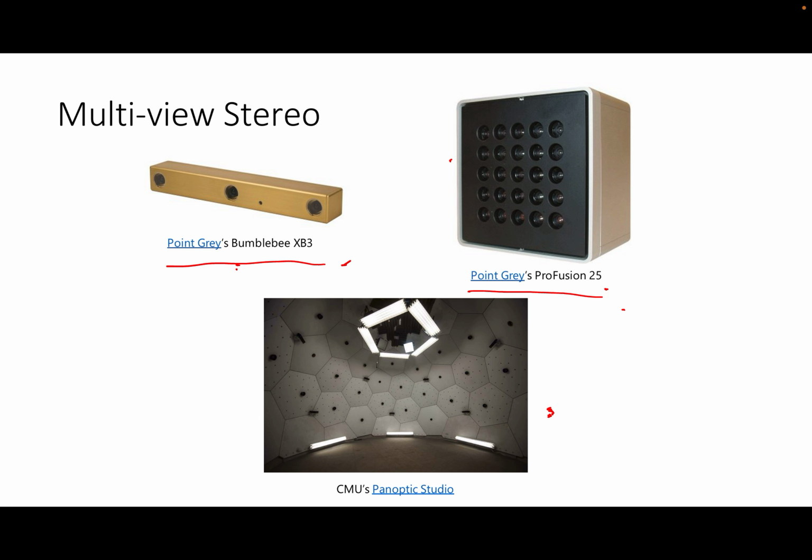They install like a hundred 4K cameras, synchronize them, and calibrate them to build this kind of capture studio. So we can use specialized cameras to do multi-view stereo, or we can build a hemisphere capture studio with many regular cameras. Of course, building this capture studio takes lots of money.